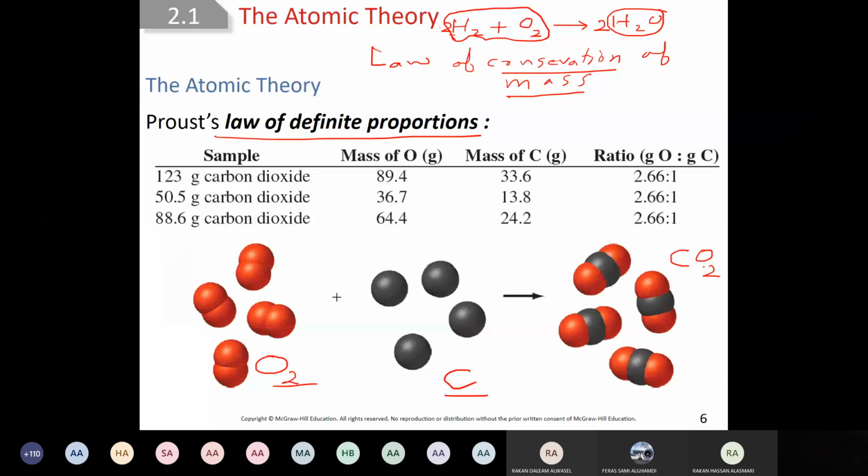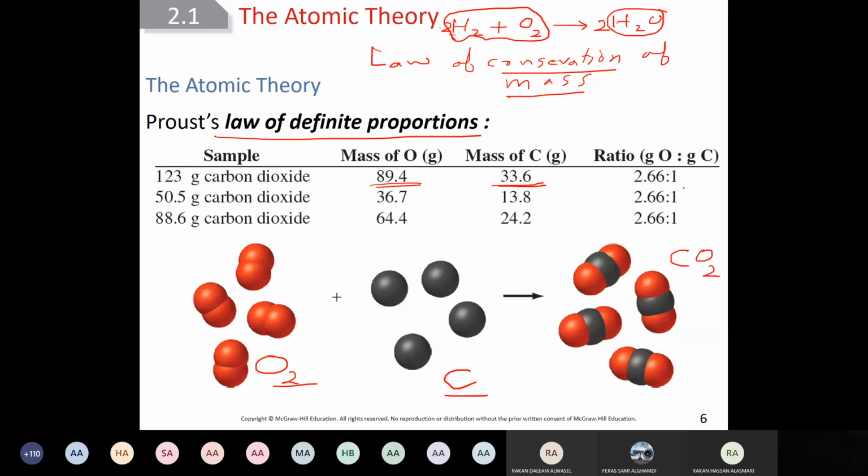Now, they take the mass of the carbon only, and they found that for the given mass of carbon, 333.6, the mass of the oxygen in this compound is 89.4.